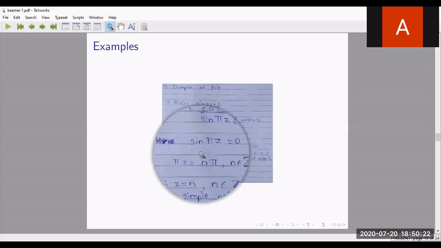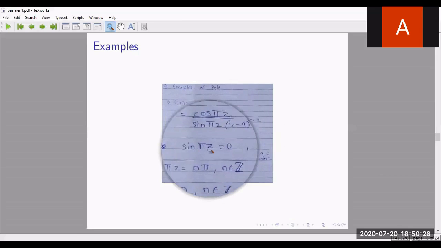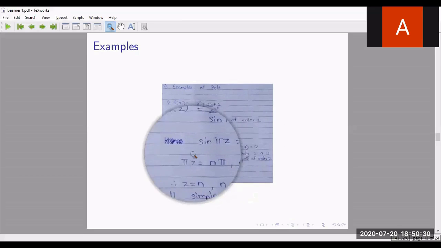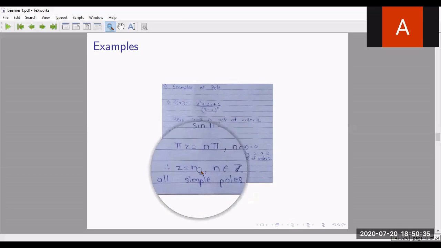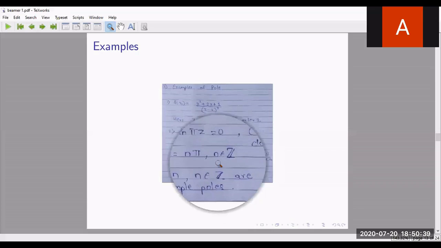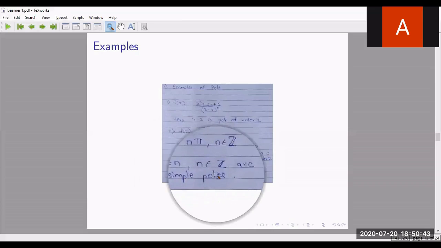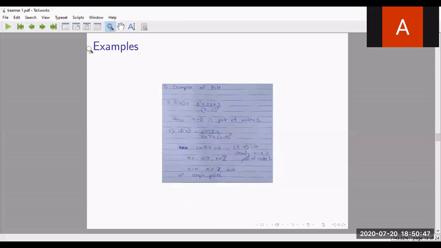We know sin theta equals 0 for theta equal to n pi where n belongs to integers, meaning pi z equals n pi, so for all z equal to n belonging to integers, my denominator becomes 0 again, and these are also poles of order 1, and that's why this is a simple pole. Next.